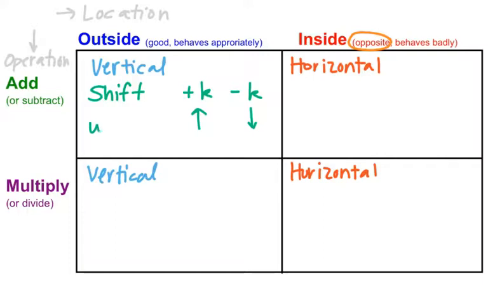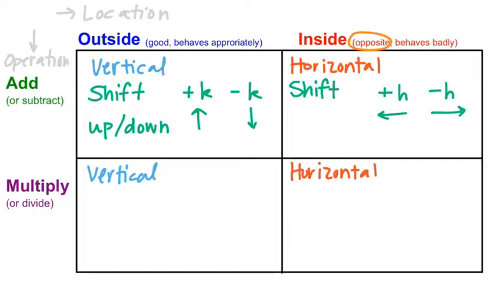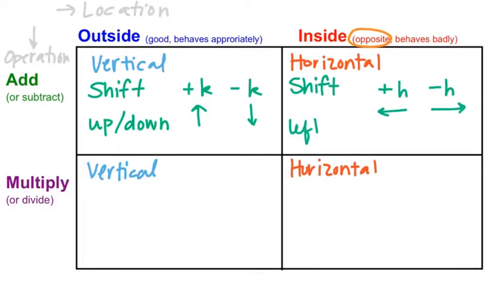Whereas a horizontal shift would be plus h or minus h. Plus h would actually go to the left, and minus h would go to the right. You'd think horizontally we'd move left or right, but it's going to be opposite of what you think.